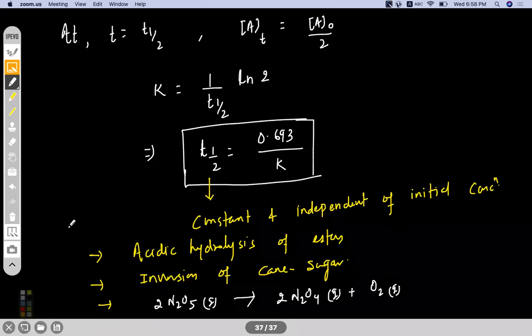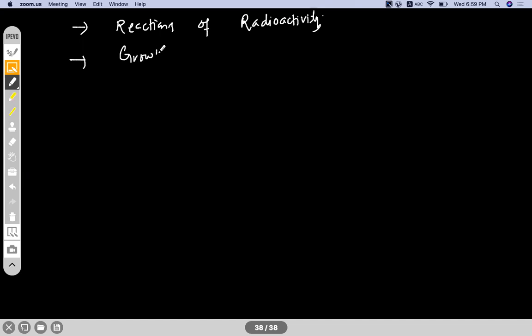Problems related to the reactions related to radioactivity. Growth and decay of bacteria.